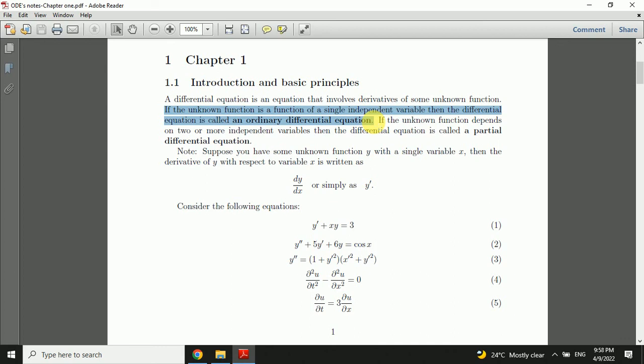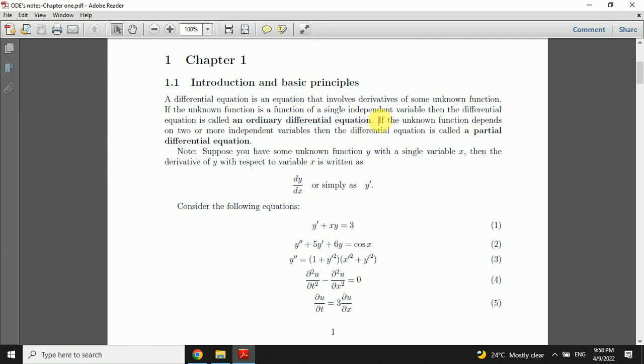That function has two variables, x and z, while the first function, y equals x squared, has only one variable, which is x. So if you have an unknown function y which depends on only one variable, and you have derivatives involved, the equation is what you call an ordinary differential equation. Don't worry, I'll look at some examples below.